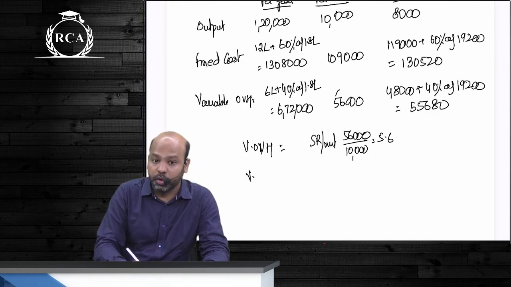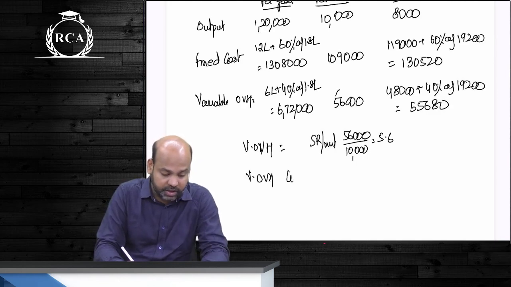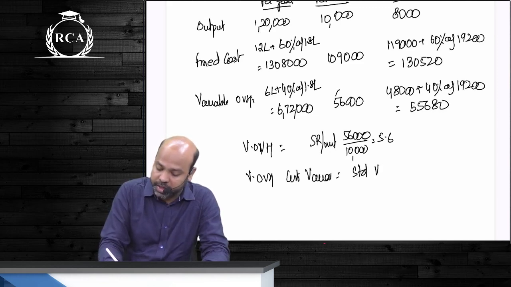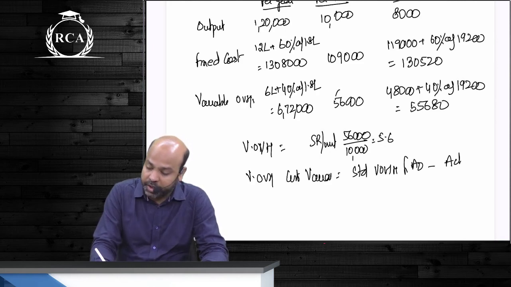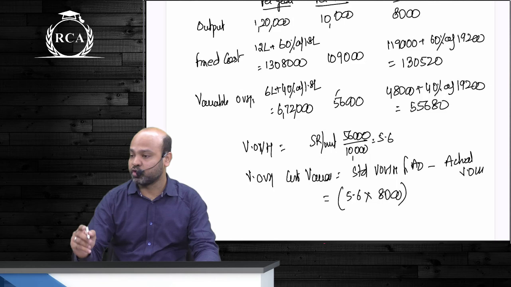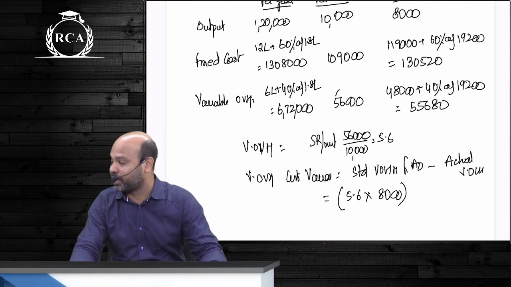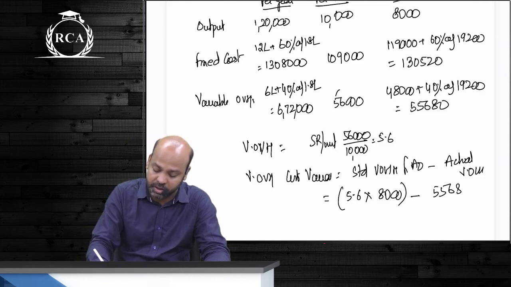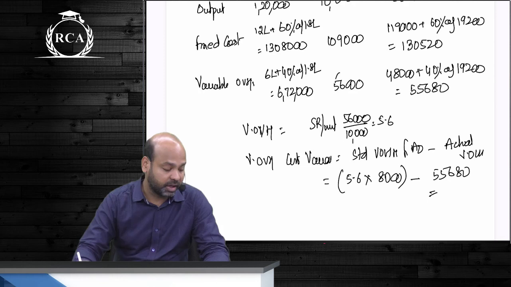So now when you're computing variable overhead cost variance as such, guys, you are going to write standard variable overheads for actual output minus actual variable overheads, right guys? Standard variable overheads, beta, will become SR per unit into actual output. Per unit you were supposed to spend 5.6 rupees, you've actually manufactured an output of 8,000 units minus actual kitne, beta, 55,680. How much is the difference, guys?